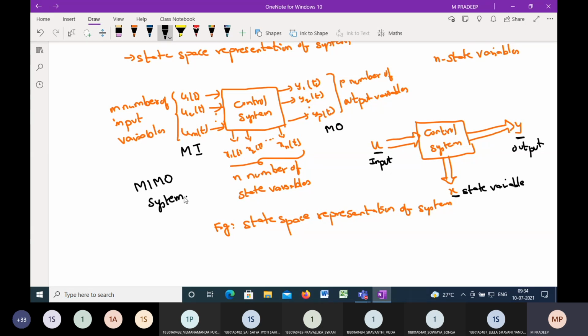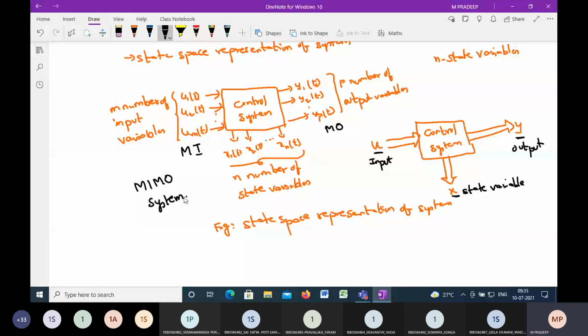Here t is called the time instant, at which we represent this particular system.